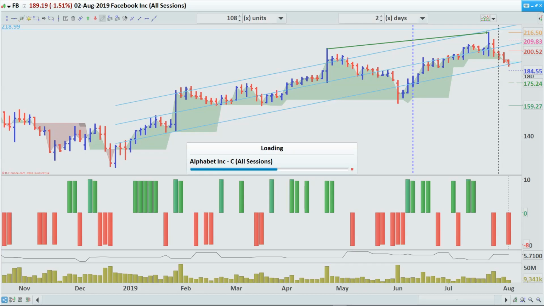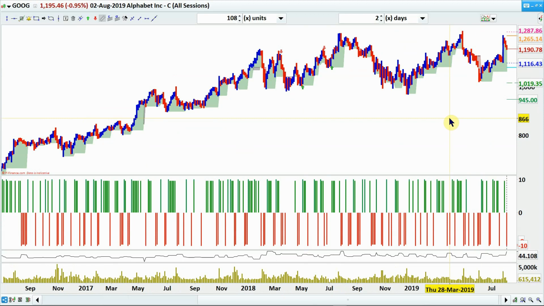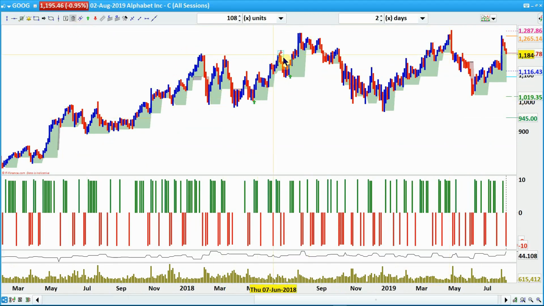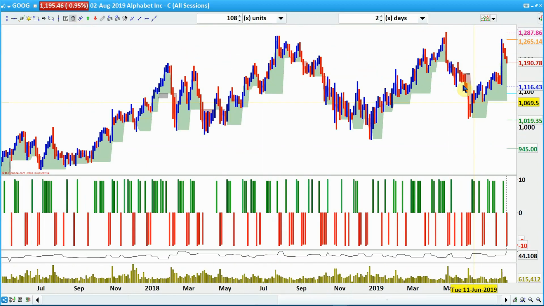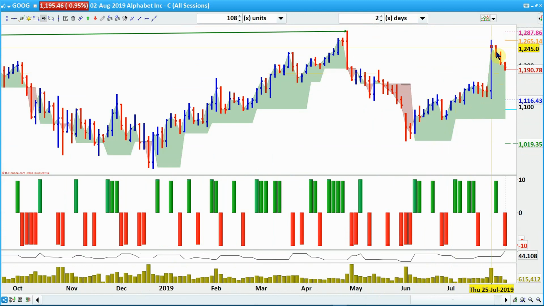Then we go to Google. Google made a recent all-time high. Just delete this, which is here, and that was a double top at this point. So that was a double top from 2018 to 2019. So that was a double top, and this is a lower high compared to this. This is a lower high.